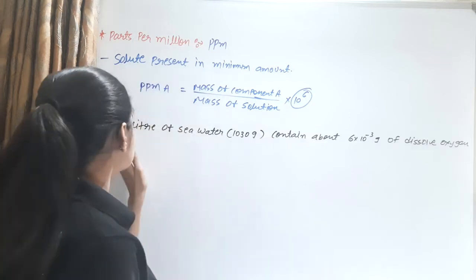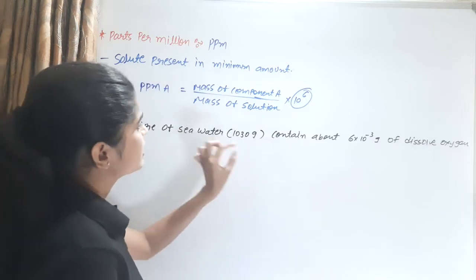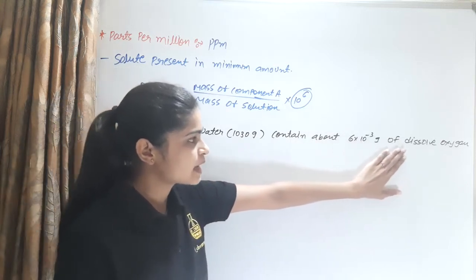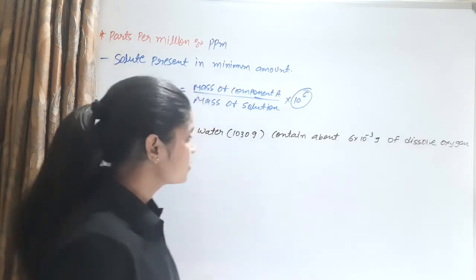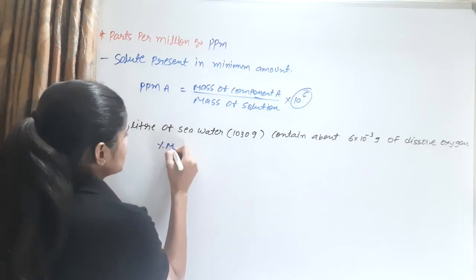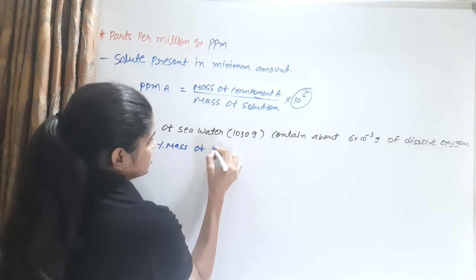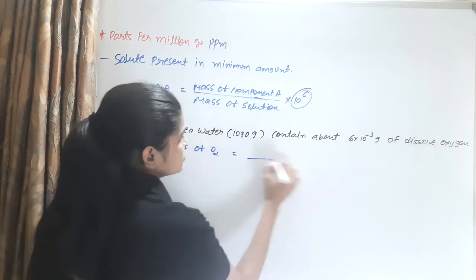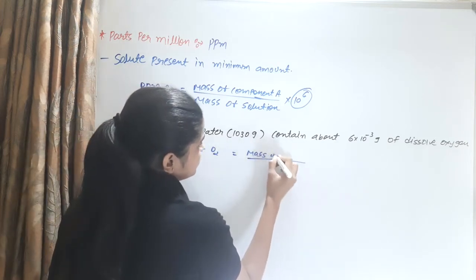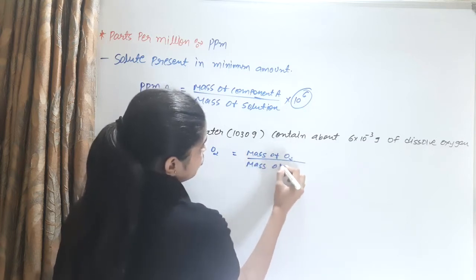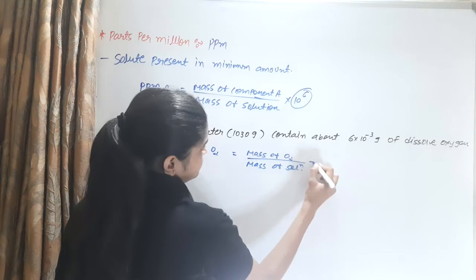Example: consider that 1 liter of seawater contains about 6 into 10 raised to minus 3 gram of dissolved oxygen. We find out the percentage mass of dissolved oxygen, which is equal to mass of oxygen upon mass of solution.